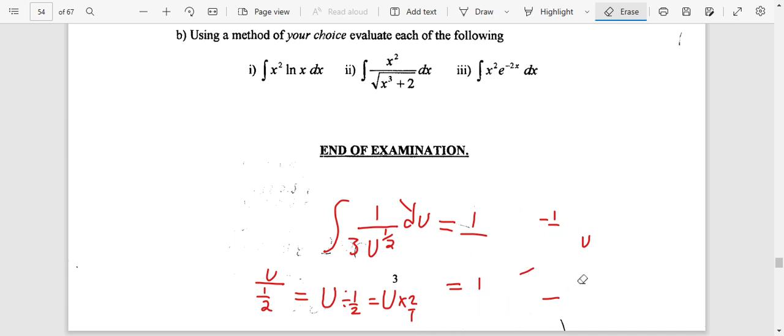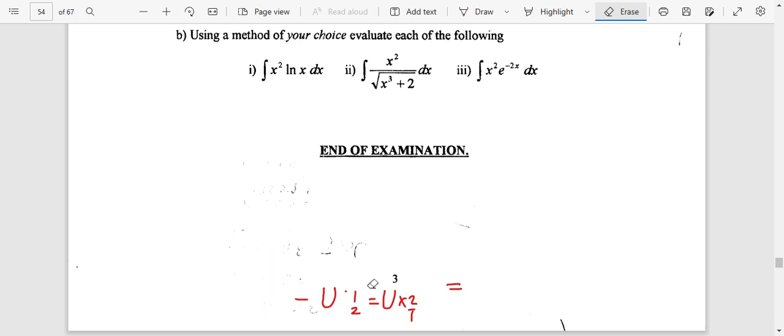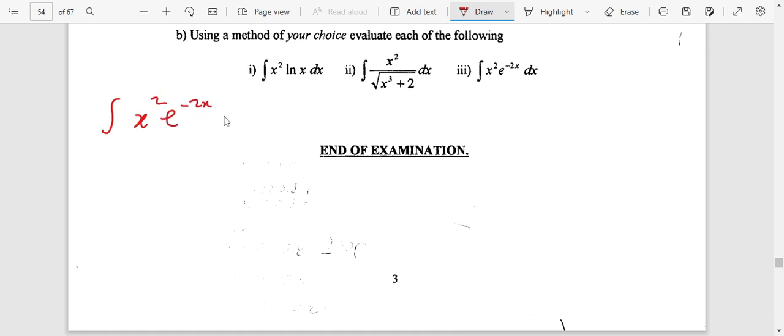Okay, and the last one there, you want to evaluate the integral of x squared e to the power negative 2x dx.